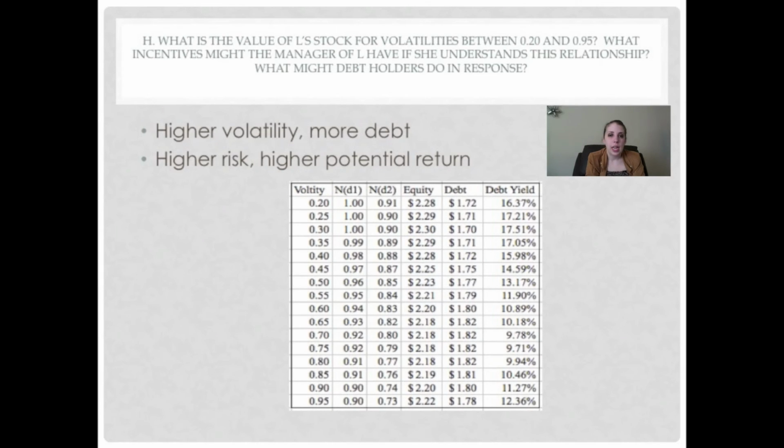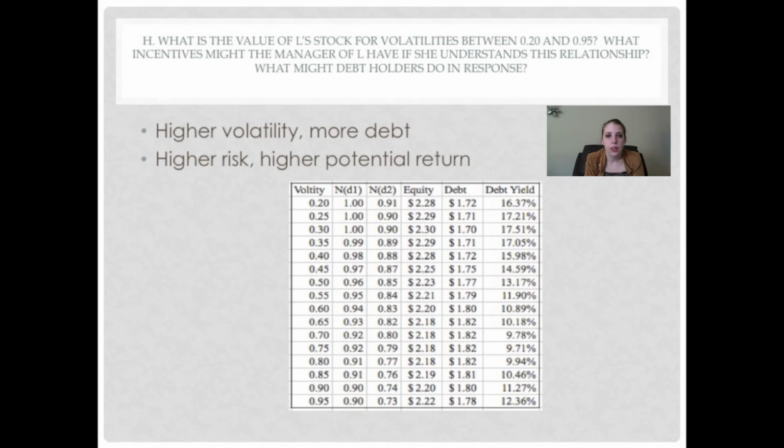So question H asks us, what if the volatilities were to change? Because in question G, it explained that the volatility was 0.6. Looking at a range of volatilities, of course, when you increase debt, it's going to make your company a little bit more volatile because of the default risk that comes along with debt.